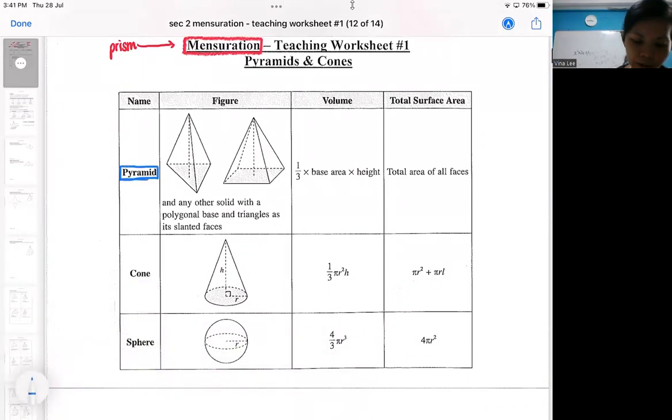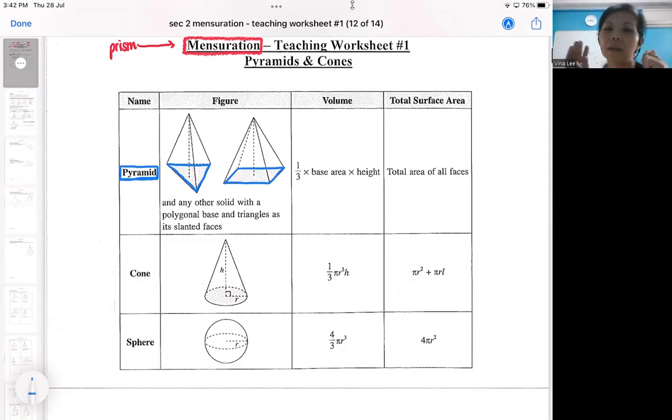All of us have an idea of pyramids. It's just that maybe you're not aware that a pyramid can have different bases. There can be a triangle base, there can be a square base, a rectangle base. Most probably the pyramid that you have in your head is a square base one, a very nice pyramid.